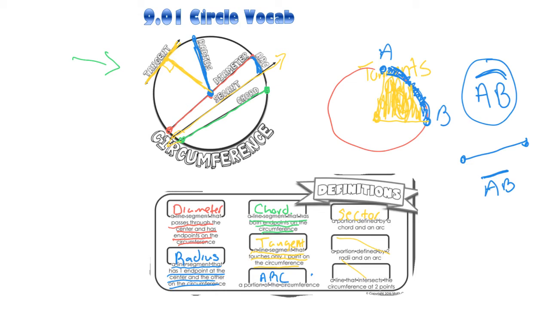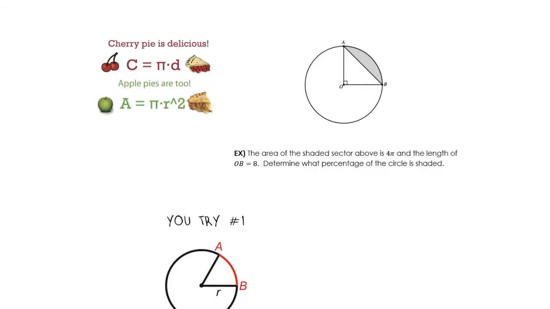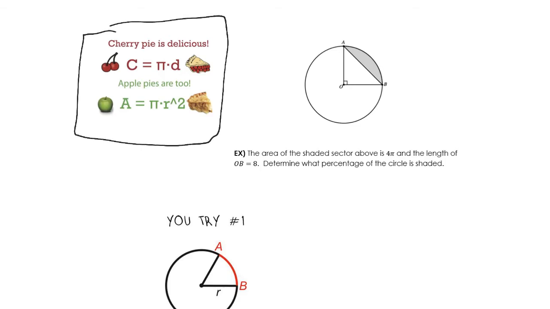So let's pause, and we're going to go to some examples now. So we're going to combine some vocab with what we just did in terms of area and circumference. And a little saying I like to use to kind of keep my area formula and my circumference formula straight. Circumference equals pi times diameter, or circumference equals 2 times pi times radius, because 2 radiuses is 1 diameter.